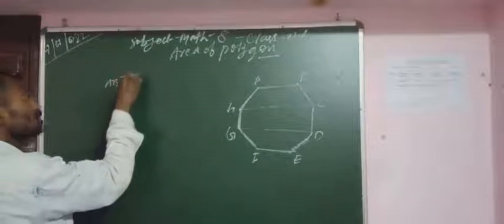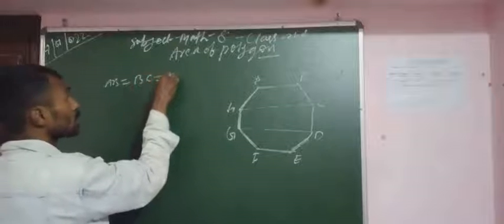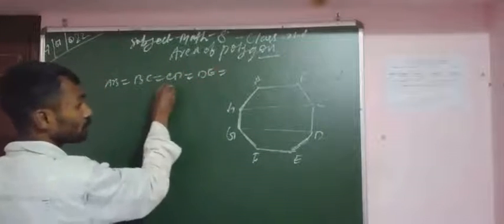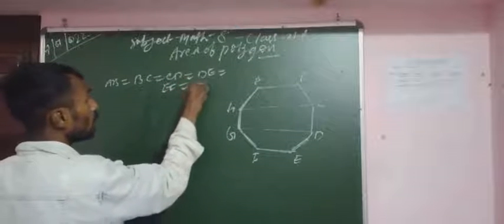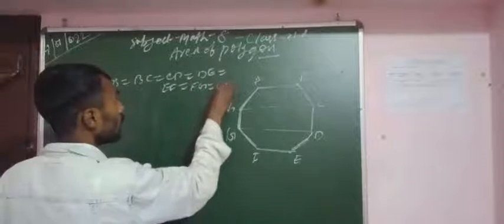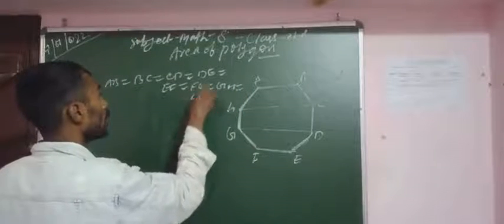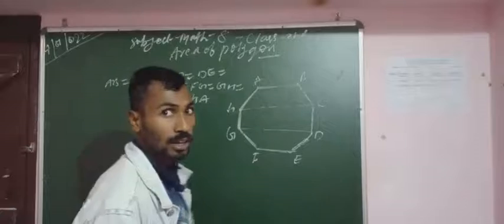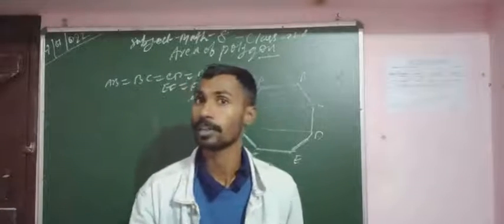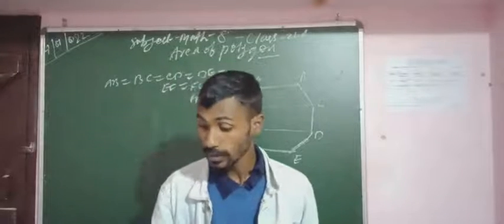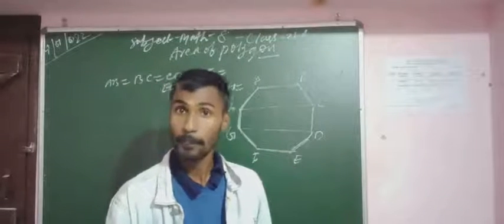That means AB equals BC equals CD equals DE equals EF equals FG, and AG equals AH or HA. That means it's a regular octagon. All the sides of the octagon are equal.